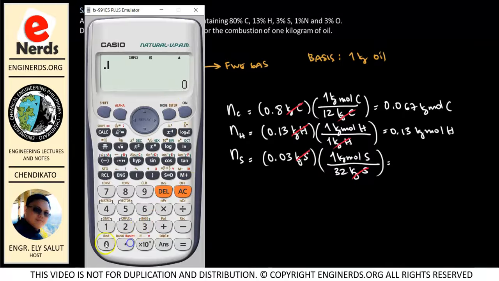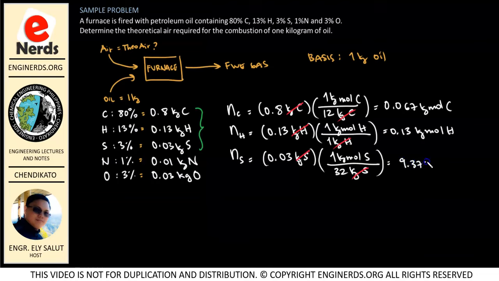Let's check: 0.03 divided by 32 is 9.375 times 10 to the negative 4 kilogram mole of sulfur. So, we now have the number of moles of our combustible materials.